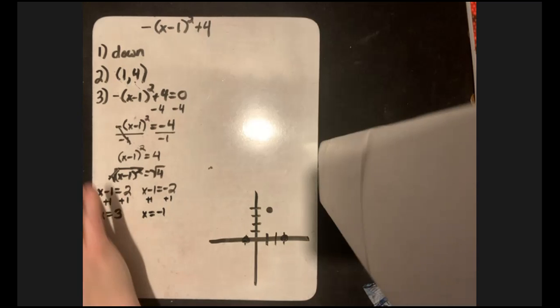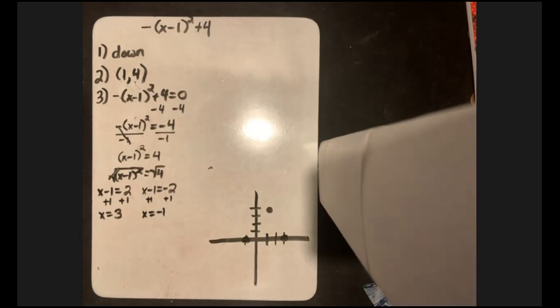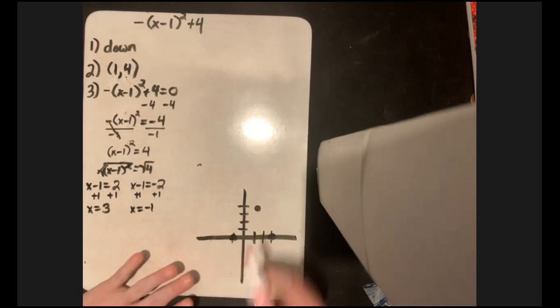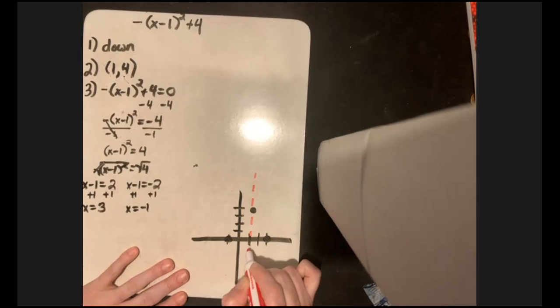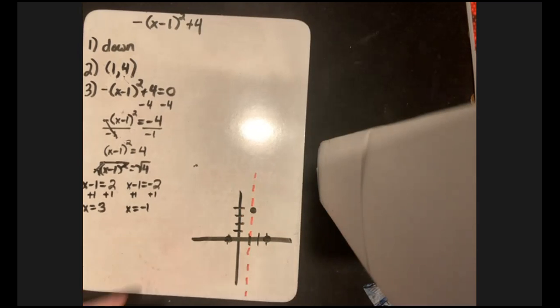Now, one of the things that I want to make mention of, we talked about that there is an axis of symmetry here. So I'm going to draw that axis in, knowing that the axis of symmetry does go straight through that vertex. And one of the things to note here is that because it is an axis of symmetry, I should have mirror match points.